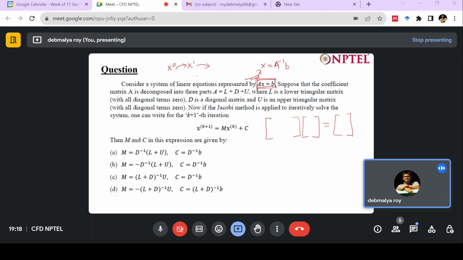We keep on updating and trying to converge to a solution based on our previous guesses, a solution which approximately solves the set of linear equations. So that is an iterative approach, and one such approach is the Jacobi approach.